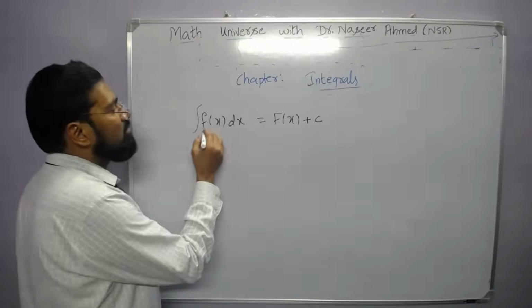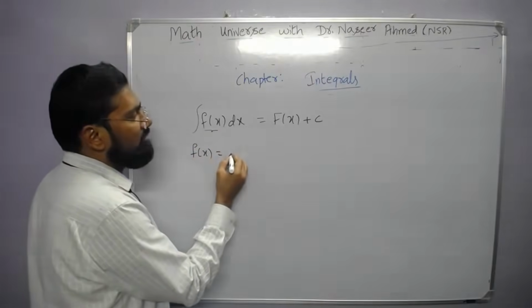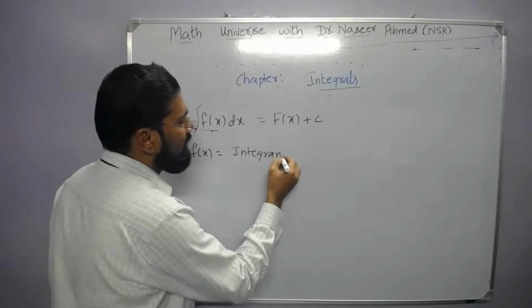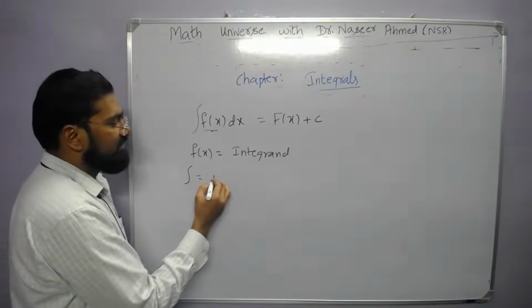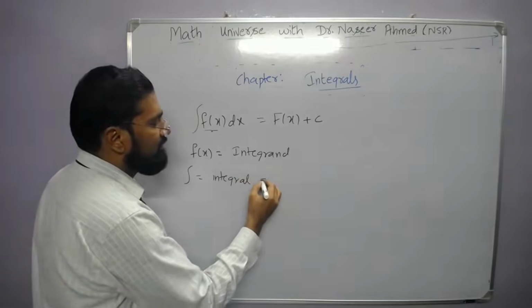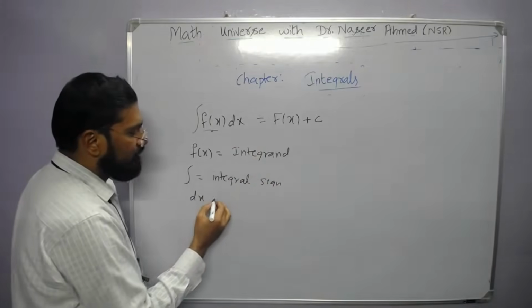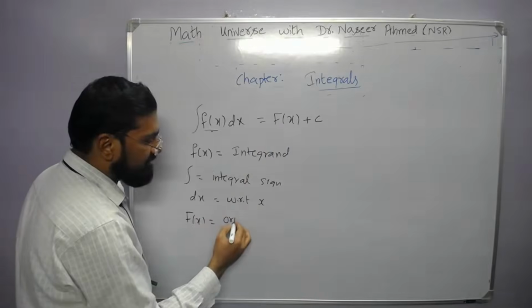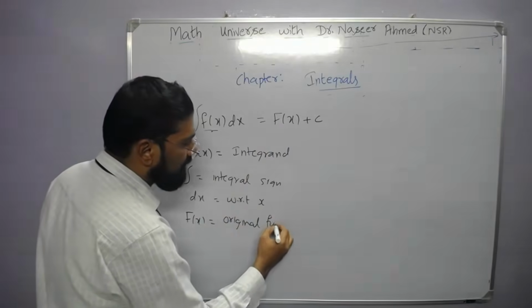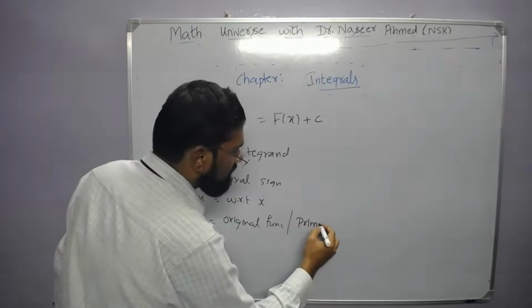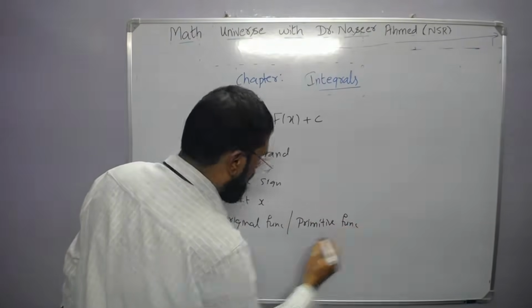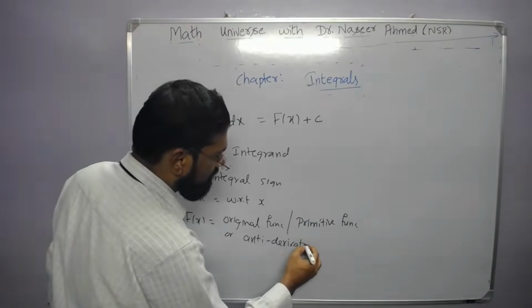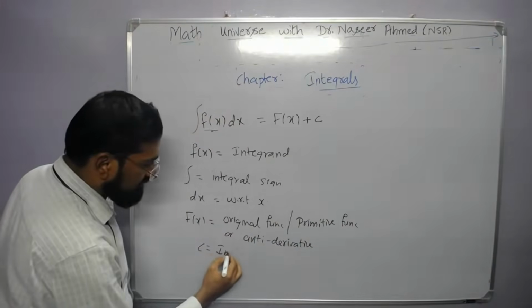This is the function which is to be integrated, we call it the integrand, and this snake-like symbol we call the integral sign, which says that you have to integrate, and this dx says we have to integrate with respect to x, and this f of x we call the original function or primitive function, or we call it the antiderivative. And this c is called the integral constant.